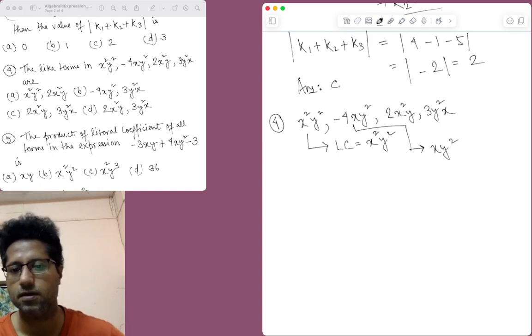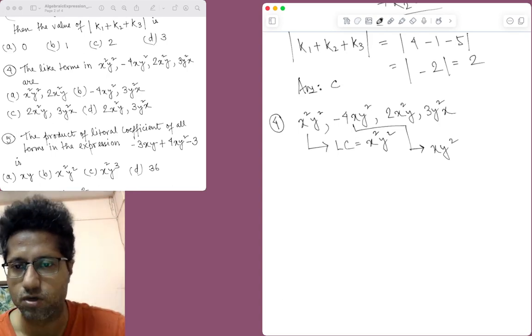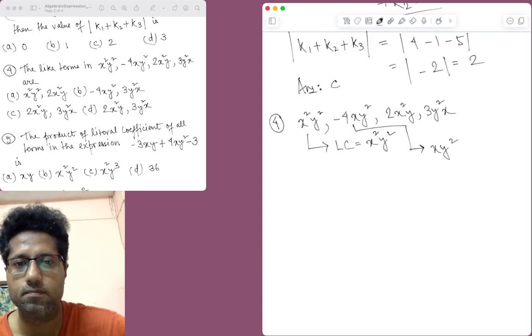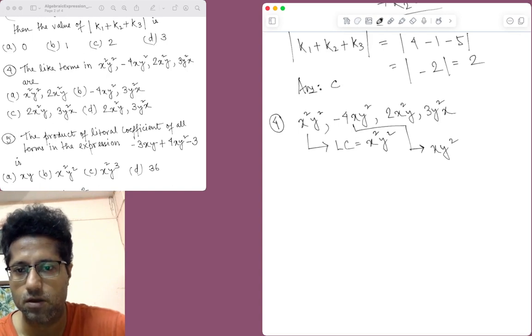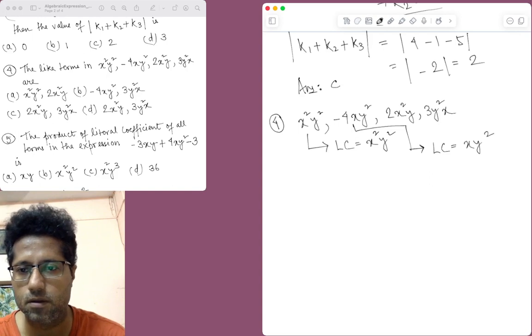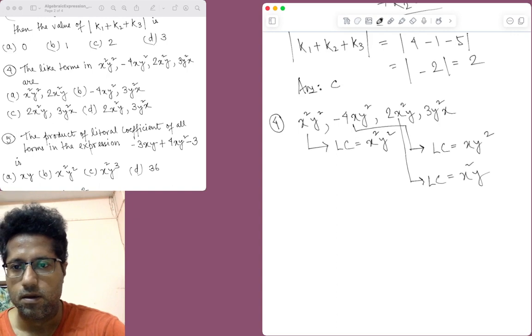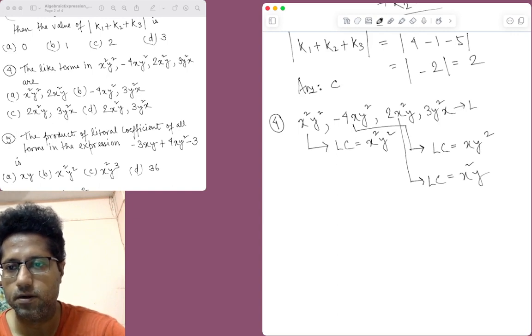For the first term the coefficient is 1, and for the second term the coefficient is minus 4. So everything except minus 4, that is xy square, is the literal coefficient. For the next term, the literal coefficient is x square y, and for the last term the literal coefficient is y square x.